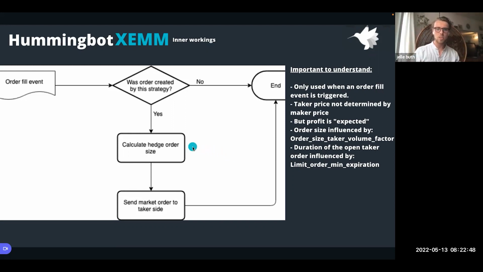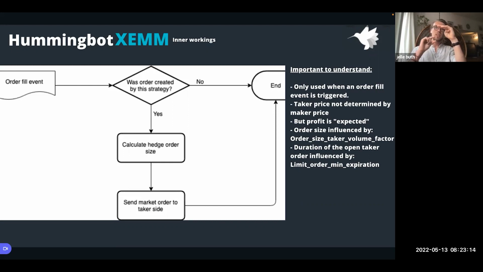And it's also important to understand that your taker price is not determined by your maker price. What I mean by that is that the earlier observed taker price, the effective hedging price, is not always still the price where you can effectively hedge your order. So if your maker order is filled, the bot will go over the order book and check what price can I fully fill the order at now? And it will place an order.